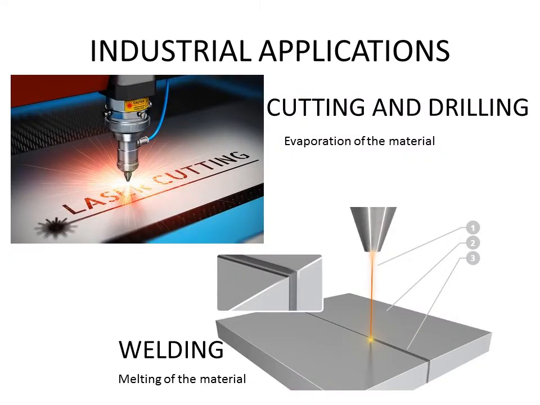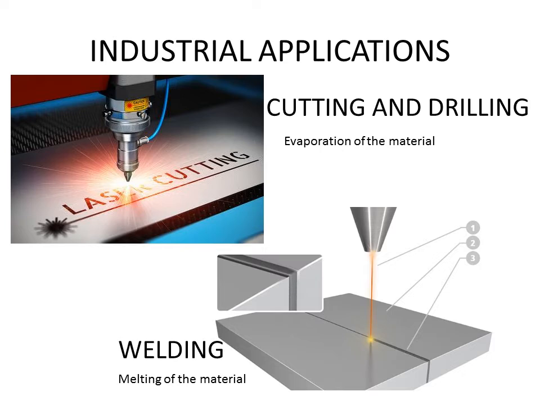So this is an industrial application of laser, and the three important things for which laser is used in industry are cutting, drilling, and welding. These are normally done on heavy metallic plates or on epoxy plastic.